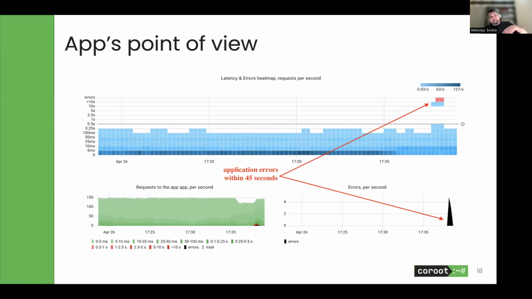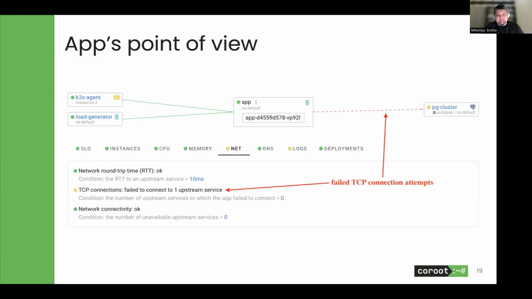The application performed with errors because of database issues. This happened during 45 seconds. Let's see what we can see from the application. We can see that we detected that we cannot connect to the fenced replica.